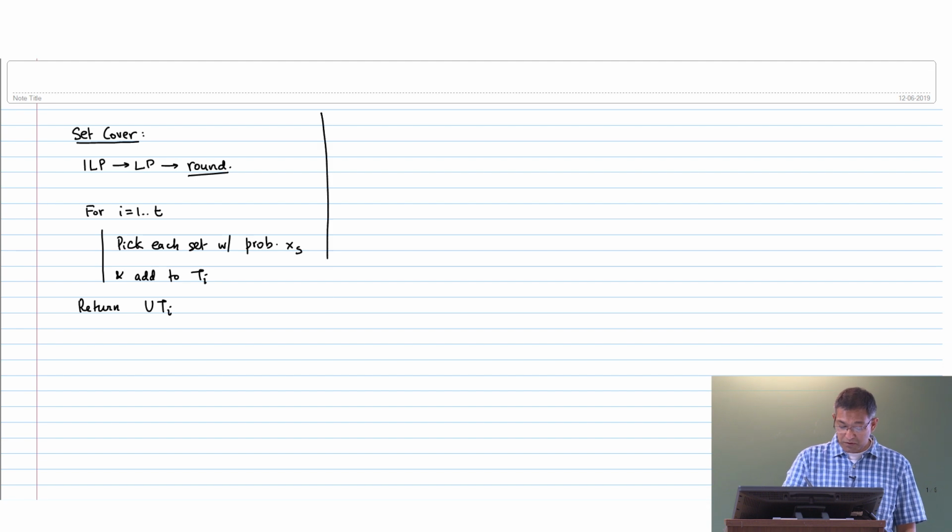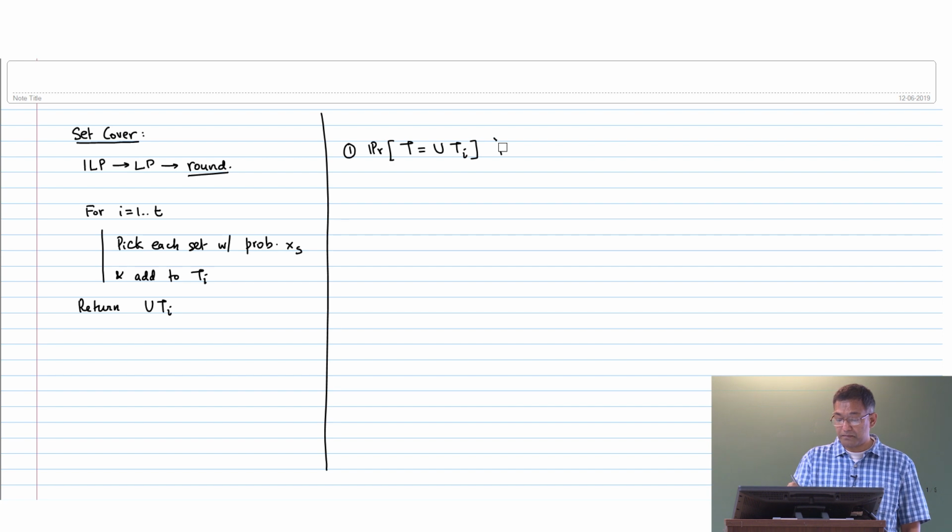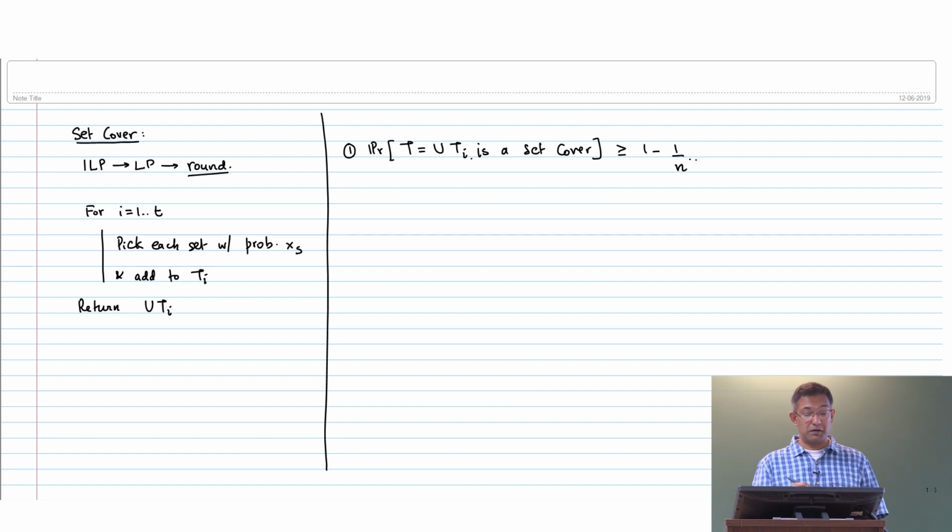And what we saw was, one, the probability that T is a set cover is at least 1 minus 1 over n, right.